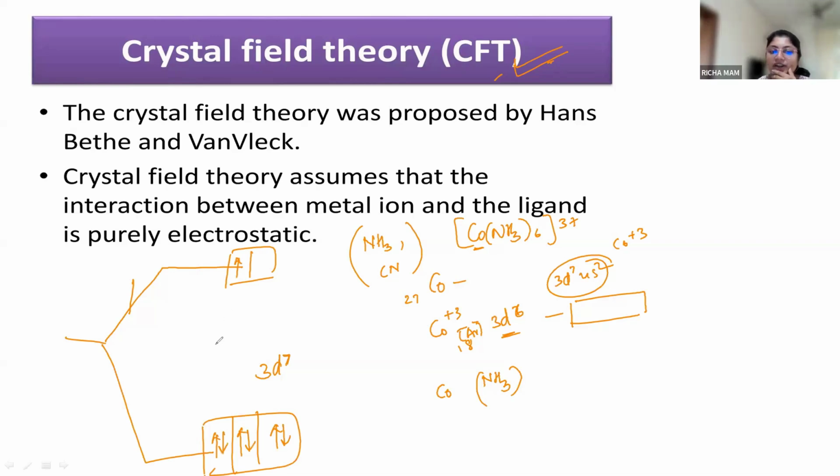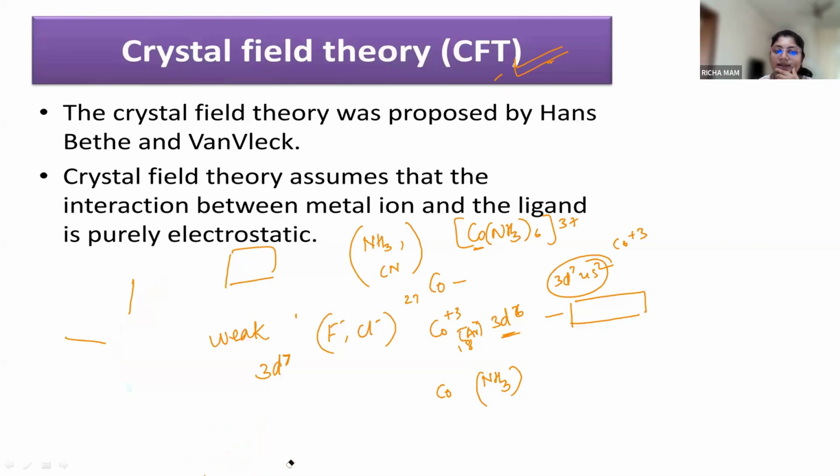Now whenever you have a weak field ligand, like fluorine, the fluoride ion, what will happen? The distance between the t2g and eg will be less.